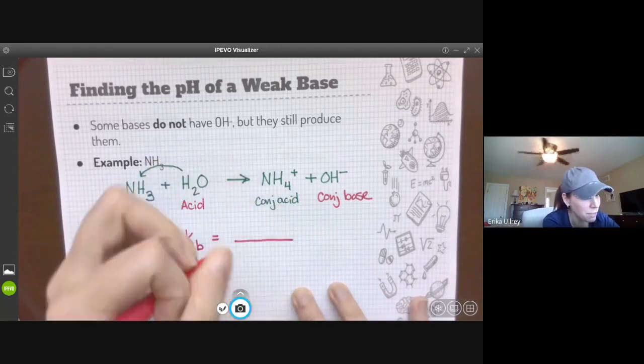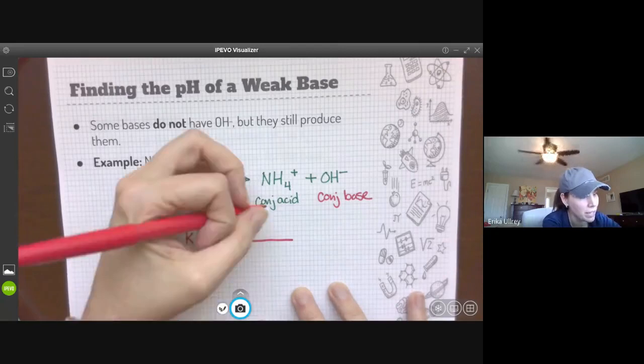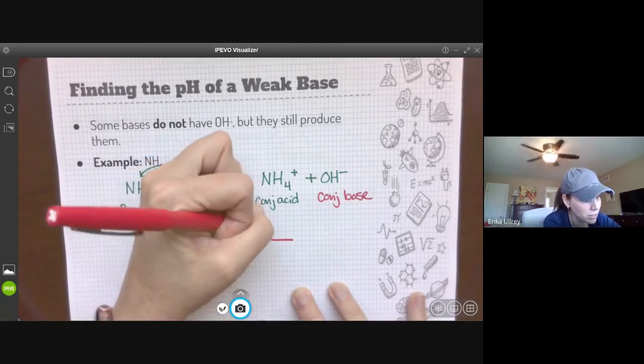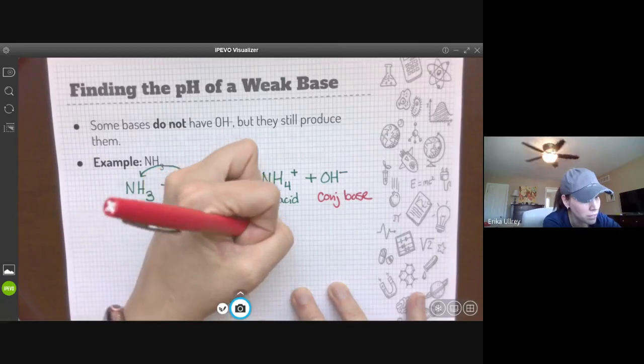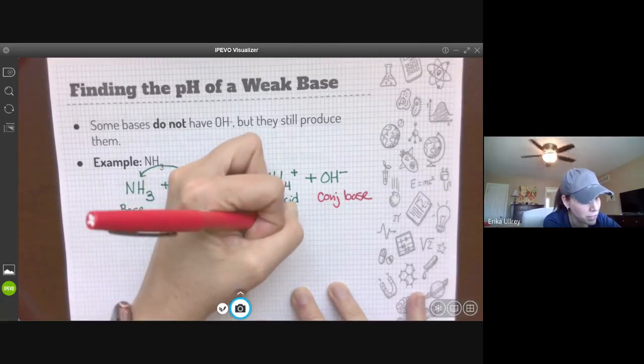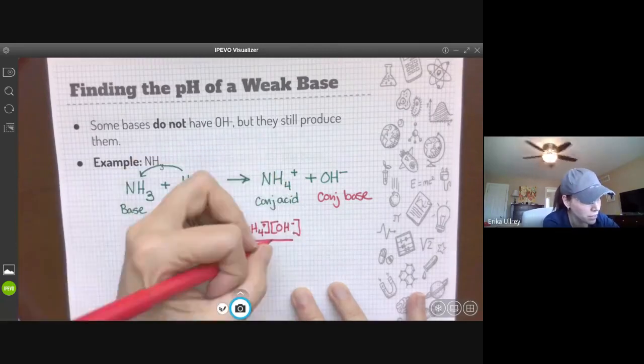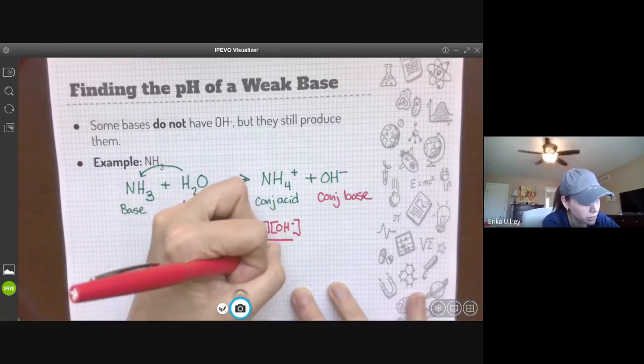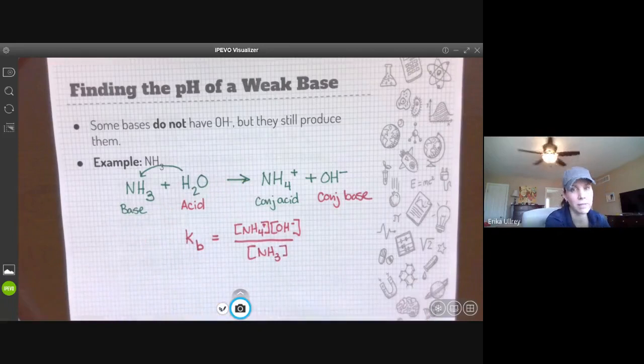So our equilibrium expression in this case, we'd have the concentration of NH4+ times the concentration of OH- over the concentration of our base. Okay. So we're going to do the exact same steps as we did with the weak acid, this time with the weak base.